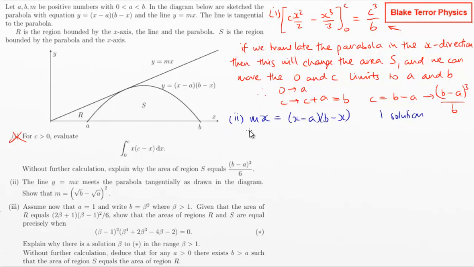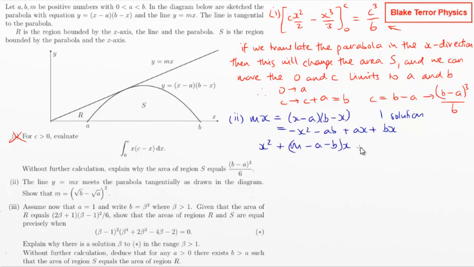So actually I'll just expand this out because we've got some annoying minus signs. So minus x squared minus ab plus ax plus bx. So all in all, x squared is the only x squared term we've got, and I'll make that positive. Then we've got an m, a minus a and a minus b.